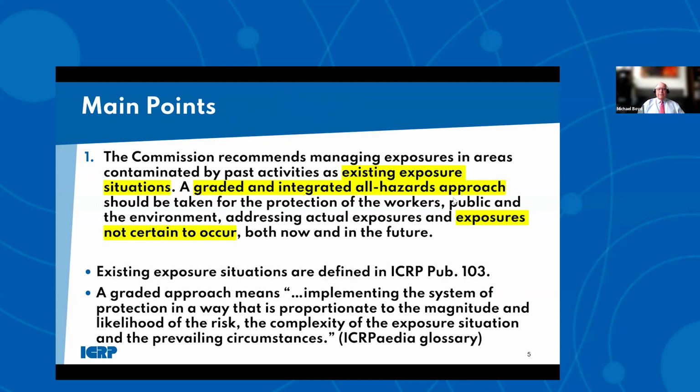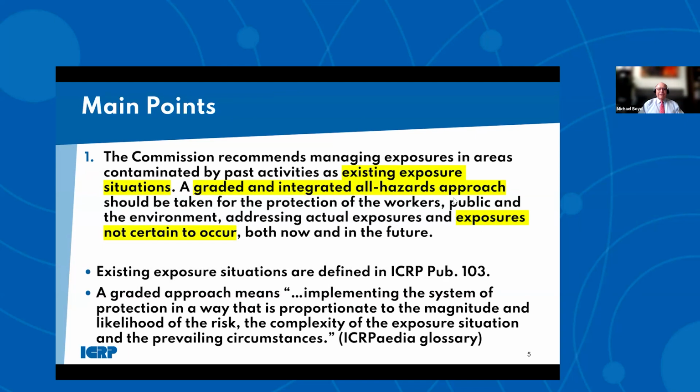So as is typical with most of the recent ICRP reports, we distill our report into a few main points, usually no more than 5. So I'd like to go through those 5 points as a way of summarizing a lot of what the report is focused on. Our first main point was that the Commission recommends managing exposures in areas contaminated by past activities as existing exposure situations.